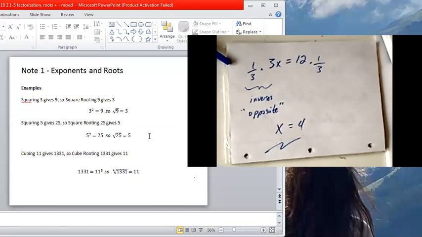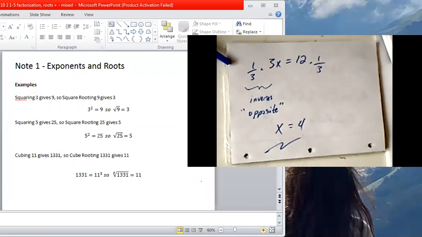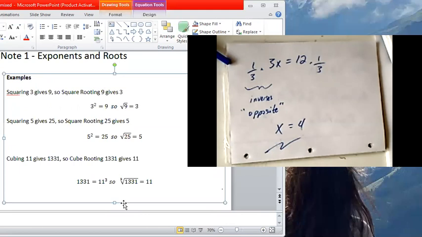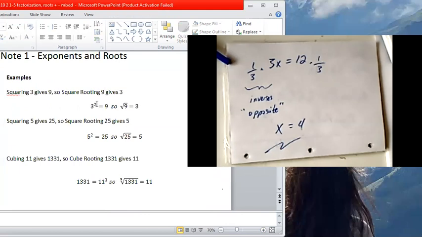Do the friendly version to start with. Here are a few examples showing how squares and square roots are related.